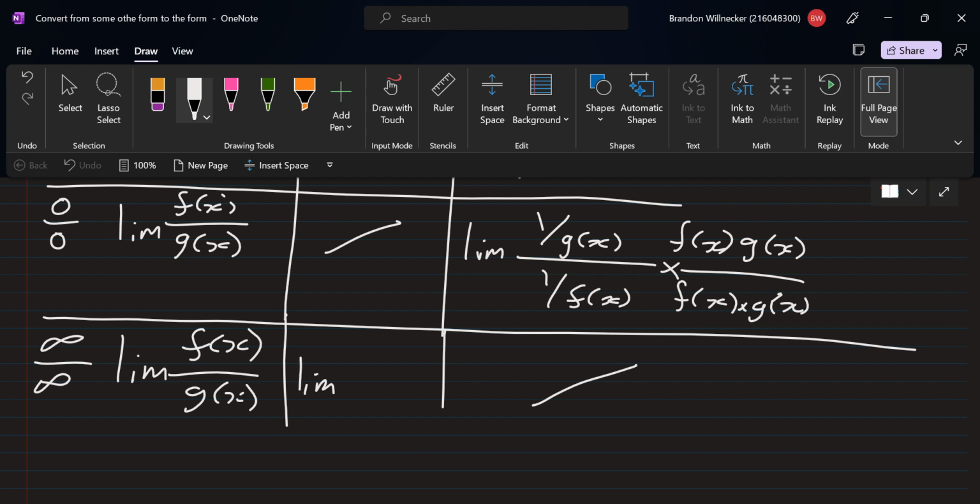We can write this as the limit of 1 over g of x and 1 over f of x. Now, if g goes to infinity, the top part goes to 0, which is what we wanted. In the bottom, if f goes to infinity, 1 over f goes to 0, again, as we wanted.